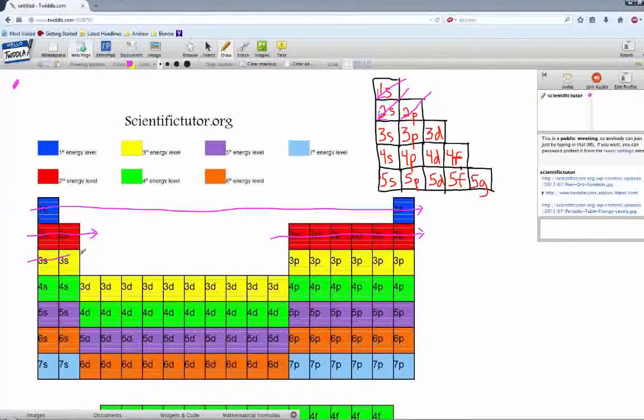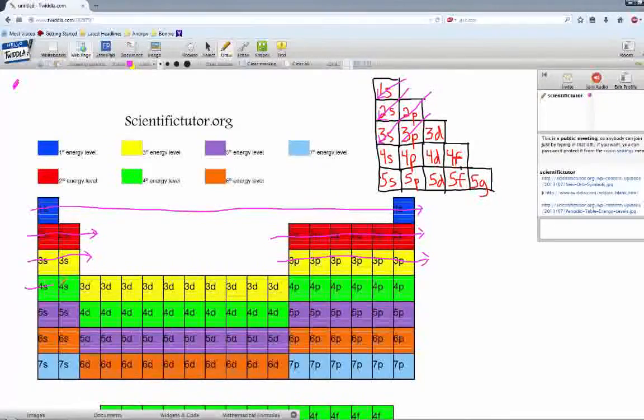As we pass through the 3s orbitals, you also pass through the 3s orbitals here. As we pass through the 3p orbitals, you also pass through the 3p orbitals here.